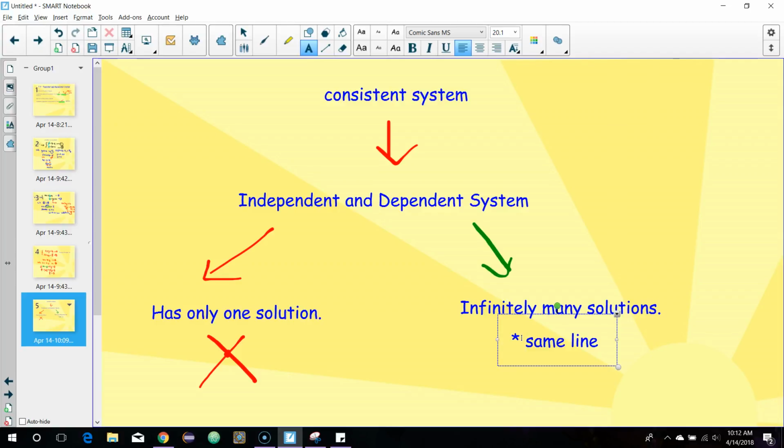After 10 months, I look at the 11th month, which one actually costs me more, then in the long run, that's going to cost me more. So infinitely many solutions basically means both of them cost the same price. So it doesn't matter if you choose DVD versus cable TV.